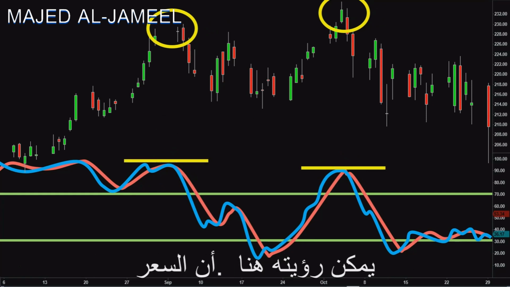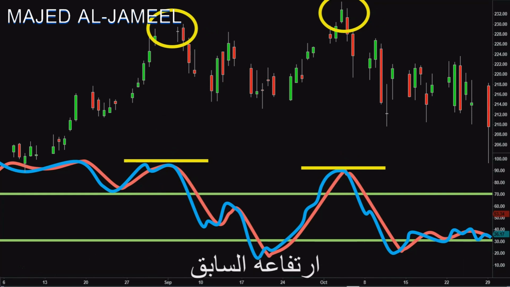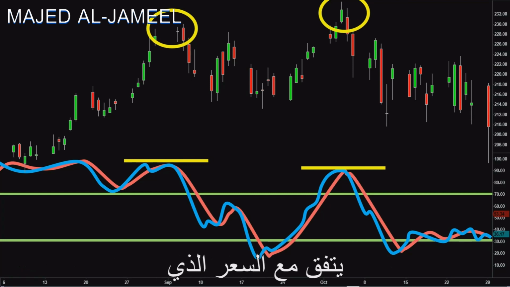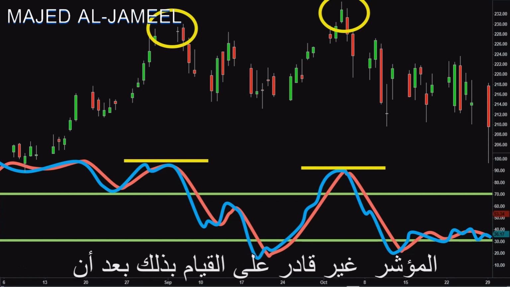Notice that the price is putting in a new high, but the stochastic is unable to put in a new high. It's actually lower than its previous high. And so, in essence, the indicator is disagreeing with the price. The price is putting in a new high, and the indicator is unable to do so.